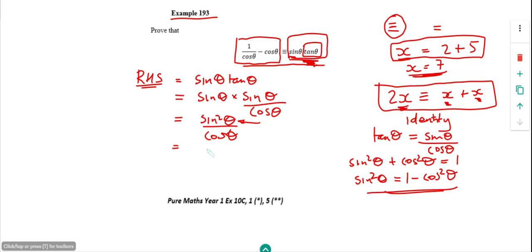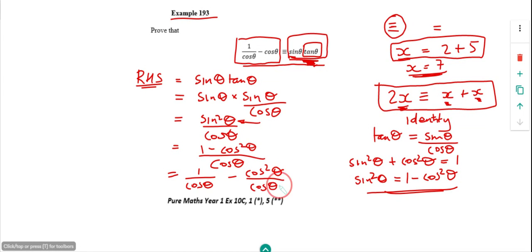So what I'll get is 1 minus cos squared theta over cos theta. I'm just going to split the fraction at the top there. So what I'll get is 1 over cos theta, and then minus cos squared theta over cos theta, and we're almost there.